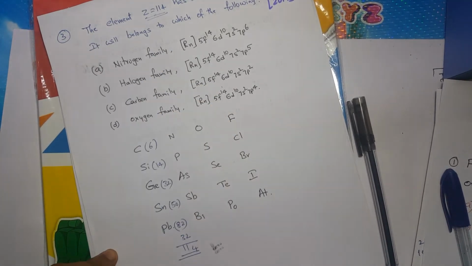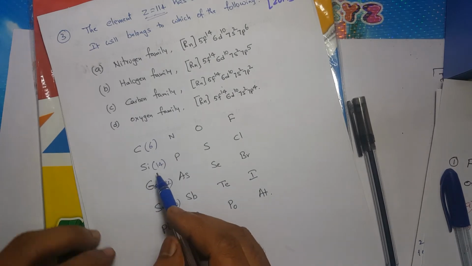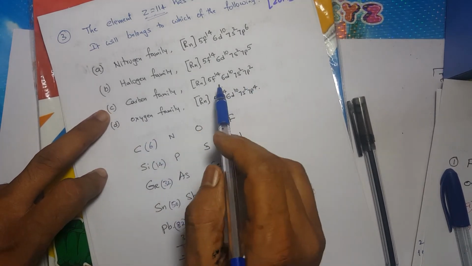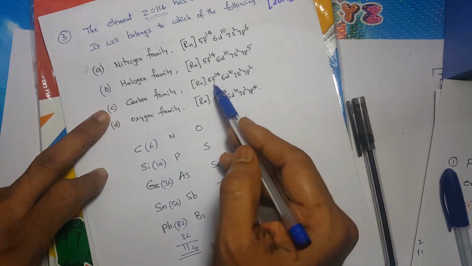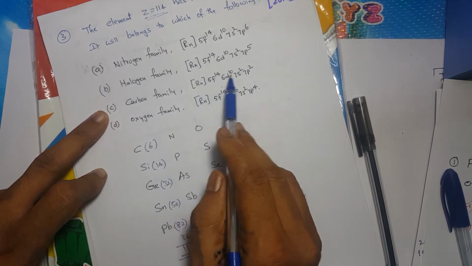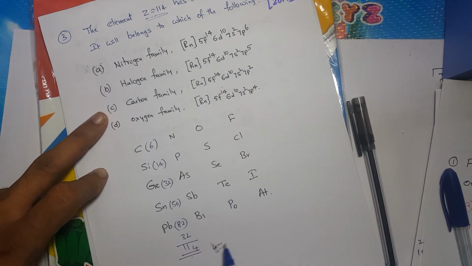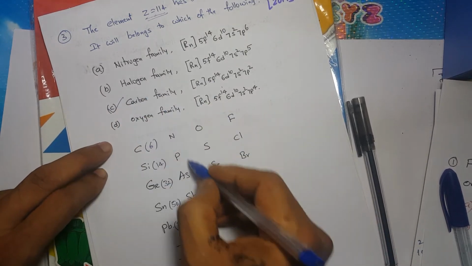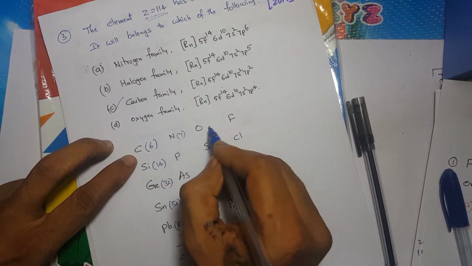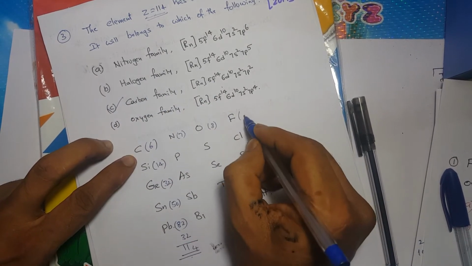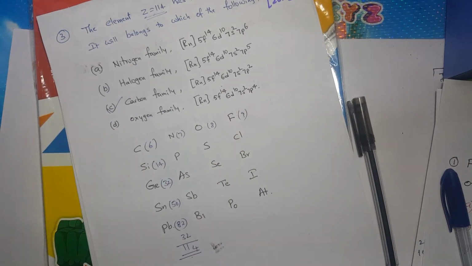That means the atom belongs to the carbon family. So you don't require the configuration; you can find out this is 86, then you can find out 114. So it is the easiest way. You can write down the atomic numbers 7, 8 and 9, this one, okay.